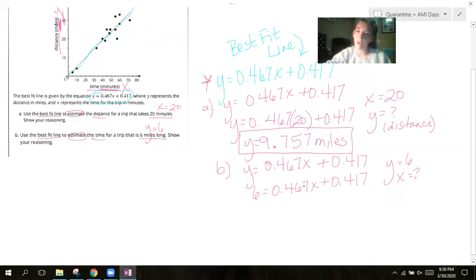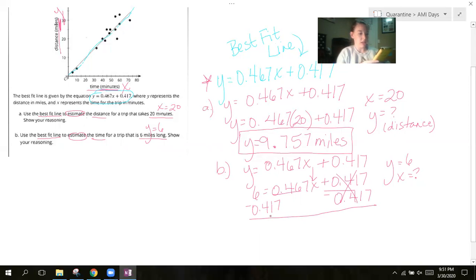All right, so now I'm going to solve this equation for y, or for x, I'm sorry. Okay, so I have to get rid of the terms that are with it. So I always start with the term that is farthest away from my variable. So I have a positive 0.417, so I'm going to subtract. I'm going to do it to both sides. That's going to cancel out over here.